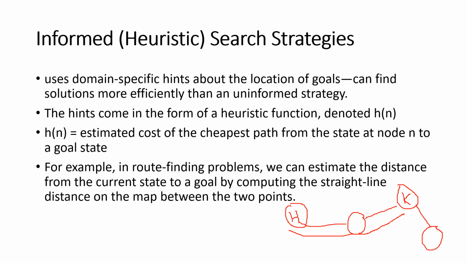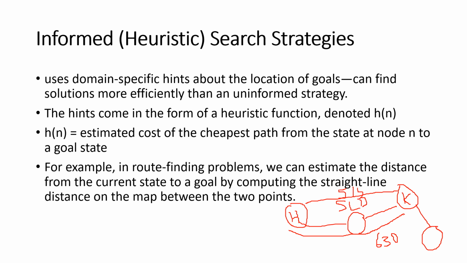But there is also a straight line distance, which we can call SLD. This straight line distance is the heuristic. The actual distance may be 630 kilometers, but the straight line distance may be less than that, maybe 515 kilometers.